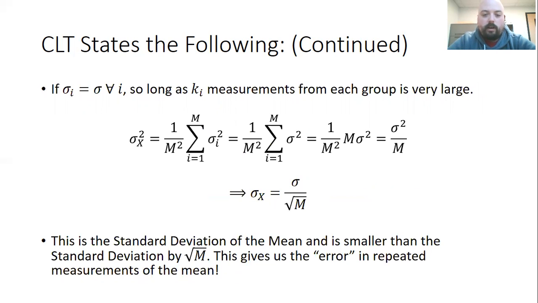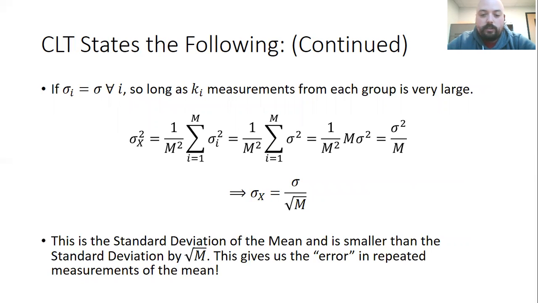All right. Now, the next thing to note is that if the error from each individual group is equal to the standard deviation, sorry, of the entire set, then we can also say that the variance of our new independent variable, capital X, is equal to the variance of the entire group divided by m, due to the relationship that we proved before.